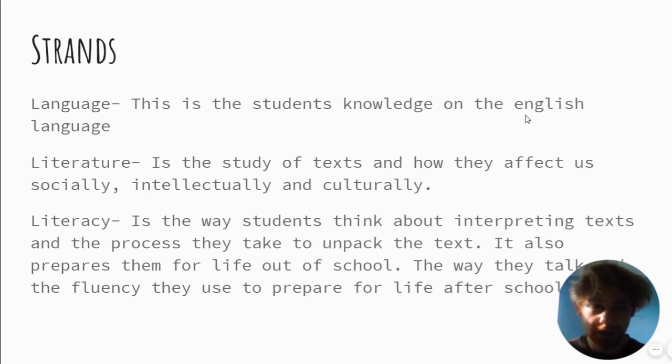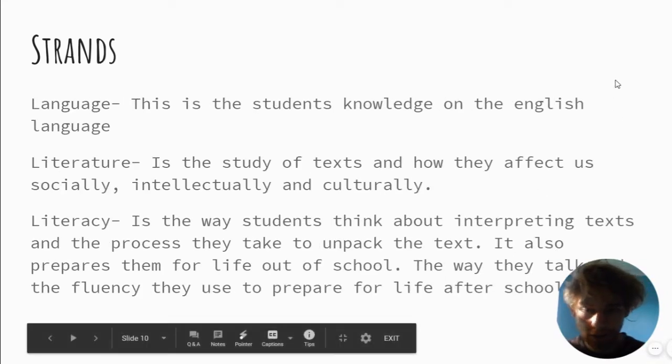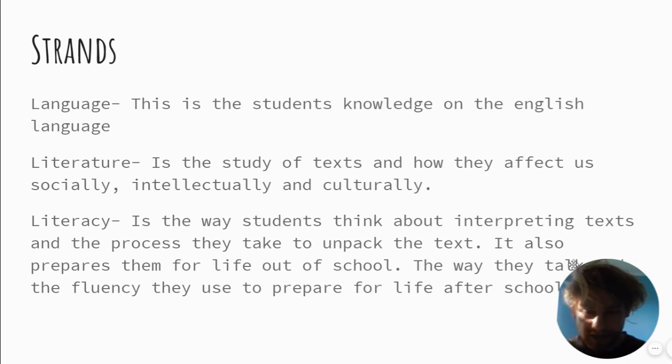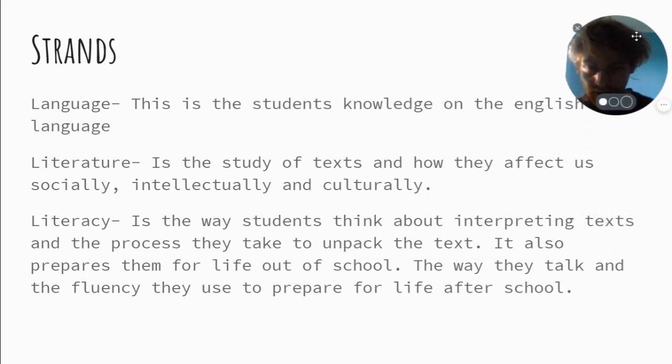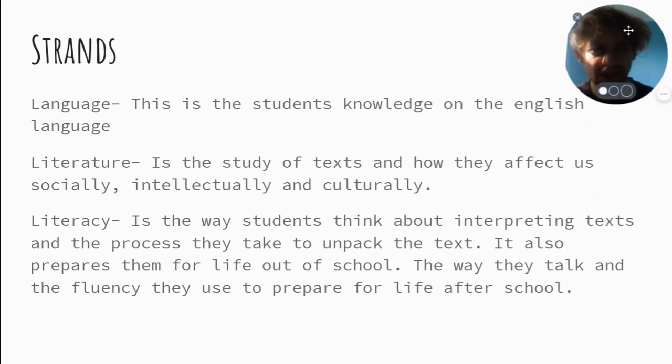Next, we have strands. These strands underpin the necessary learning tools that require the students to understand and be able to express. Language covers the student's knowledge of the English language and being able to express vocab.